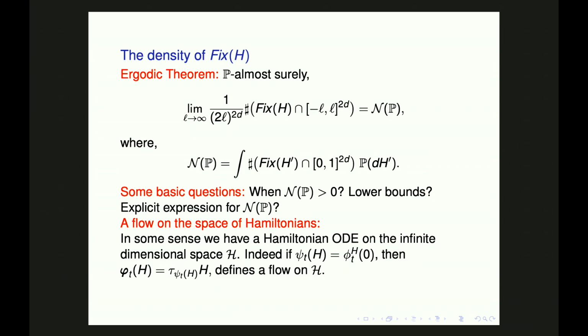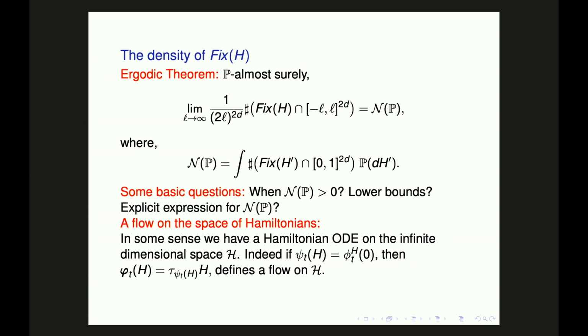So this is the flow starting from 0 for a Hamiltonian. And then you shift the Hamiltonian: you start from 0, you arrive at psi t h, and then you look at h seen from this point. That would be the right thing to look at in this context.